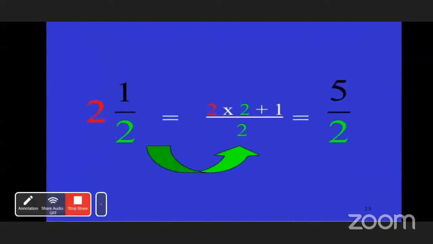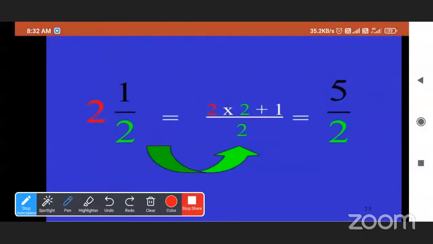See here, the example is given. Read the first fraction or mixed number. 2 and 1 upon 2. So how will we show it as an improper fraction? So we have to multiply. Okay, this part is the denominator and this one is the whole number. So we multiply the whole number by the denominator and add the numerator.